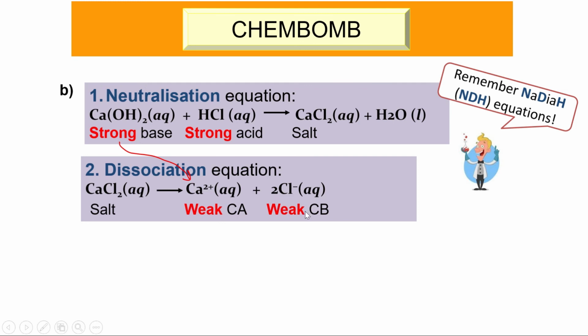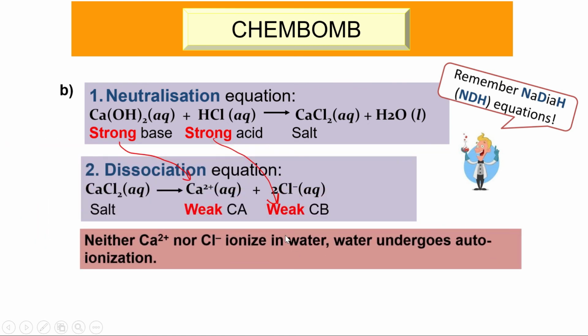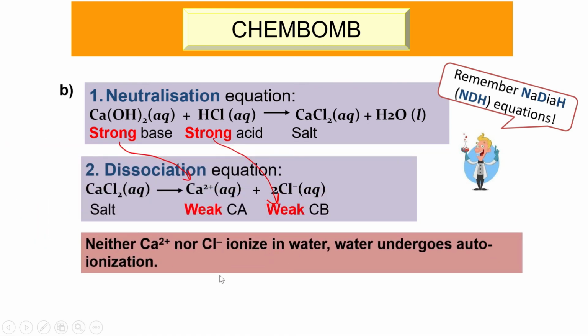Meanwhile, Cl- comes from a strong acid, therefore it is a weak conjugate base. Therefore, neither Ca2+ nor Cl- will ionize the water molecule. Water undergoes auto-ionization. You can write down the auto-ionization equation of water here, dissociating partially into its cation and anion.